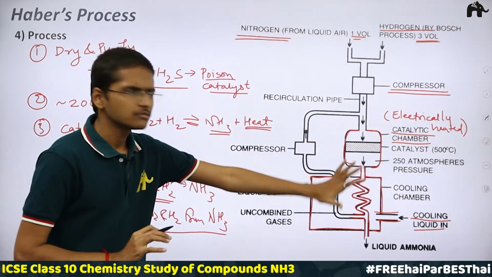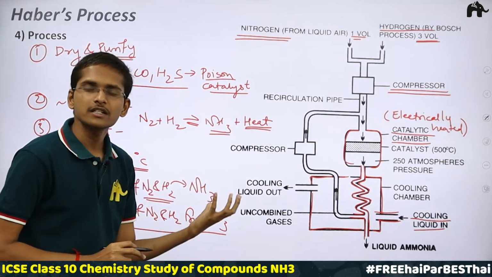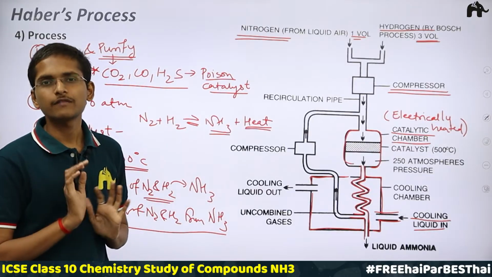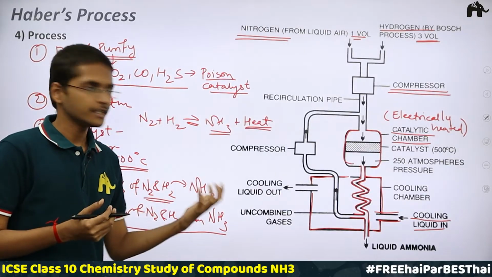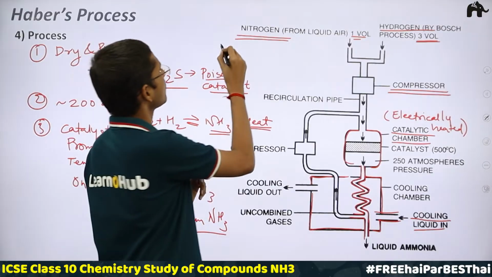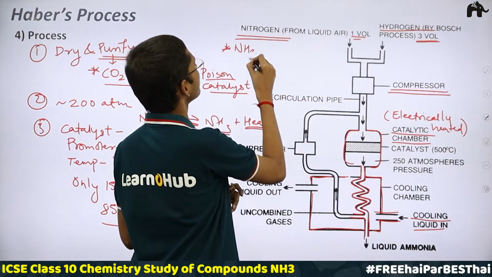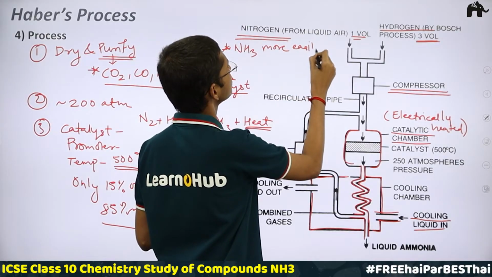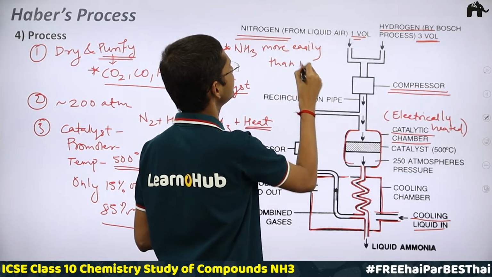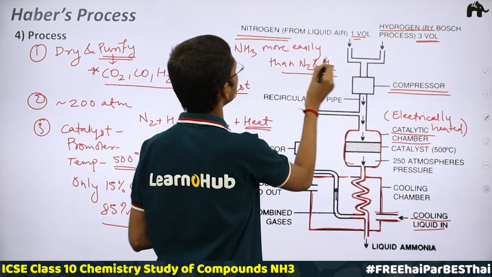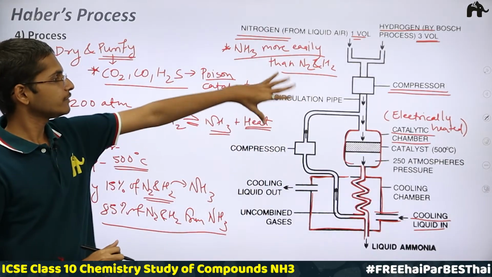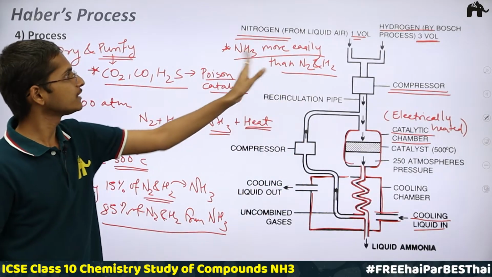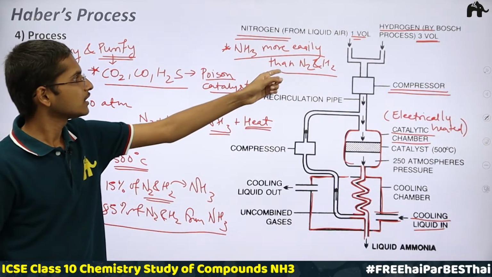Since we develop such conditions that our ammonia gets liquefied, a very interesting thing to note here is that ammonia gets liquefied much more easily than N2 and H2. So we take advantage of this property of ammonia and liquefy it, because it would get liquefied more easily than N2 and H2.